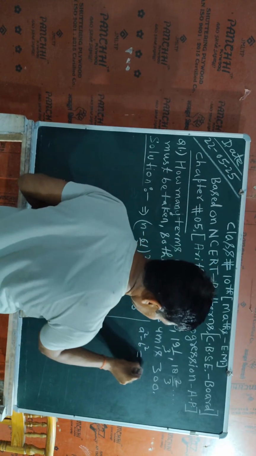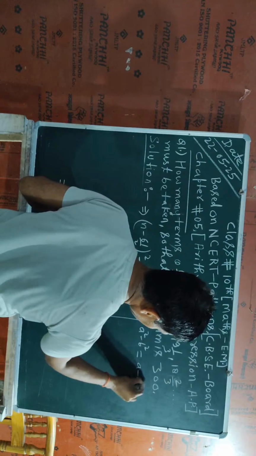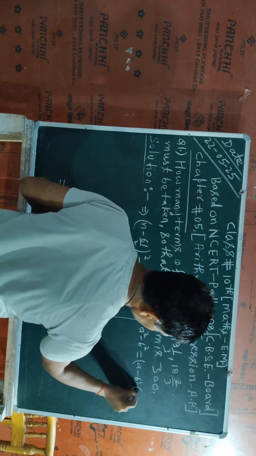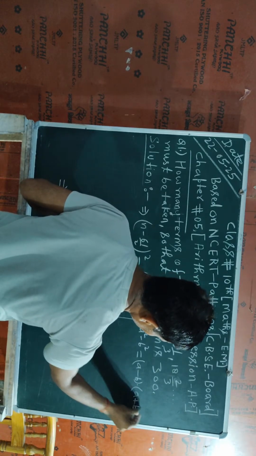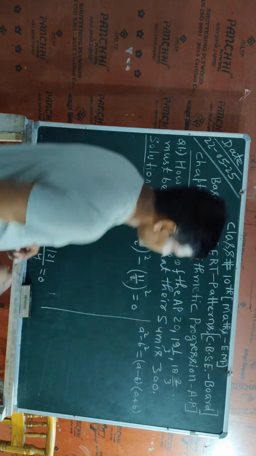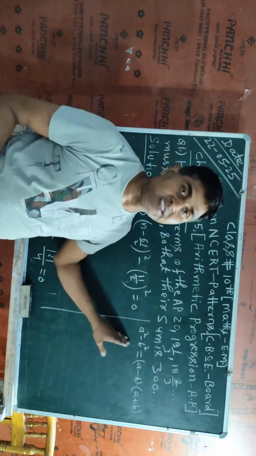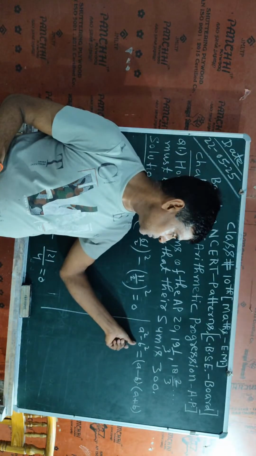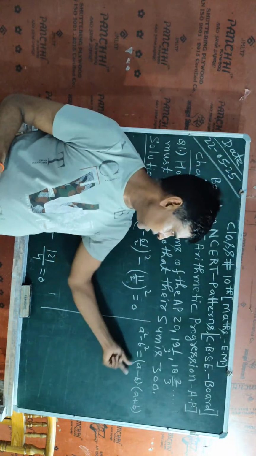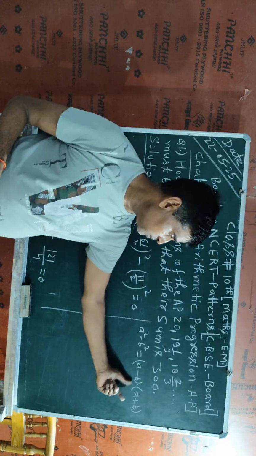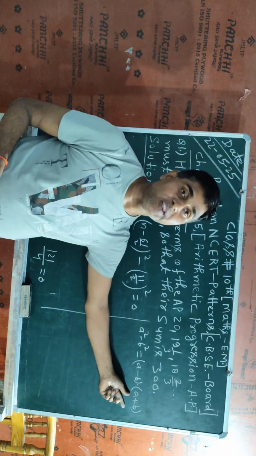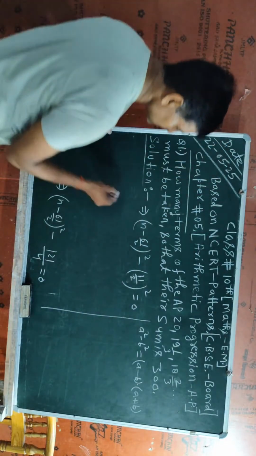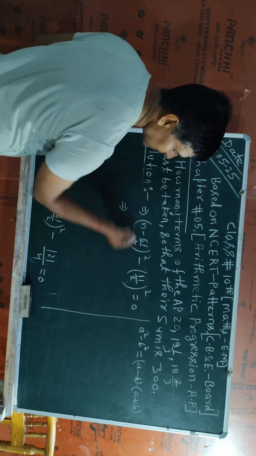So I know its factor will be a minus b in one bracket and in other bracket I will write a plus b, because the given quadratic equation I am going to arrange in this form. First term is a square and second term is minus b square. So its factor will be a minus b in one bracket into, in second bracket, a plus b. Okay students, so the particular quadratic equation I have arranged in this.